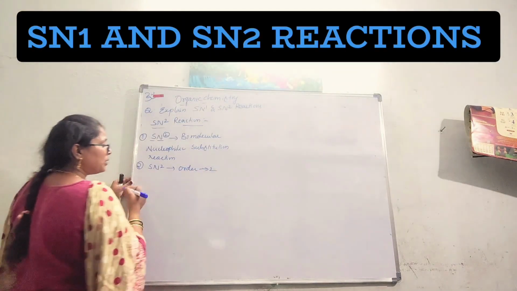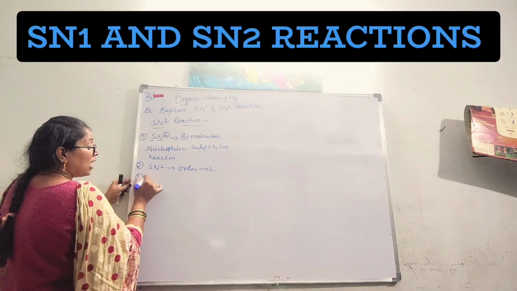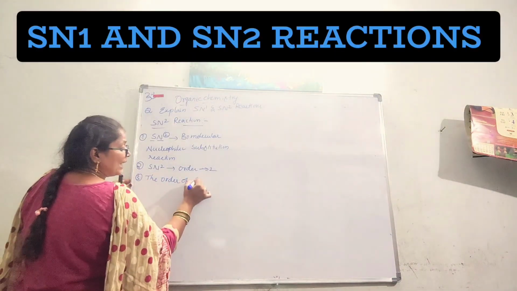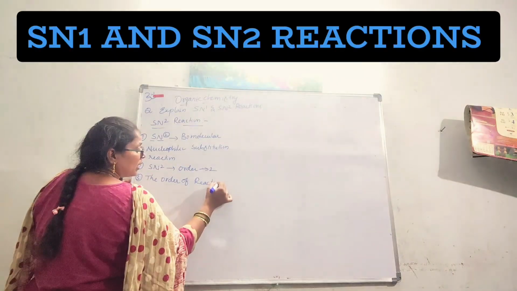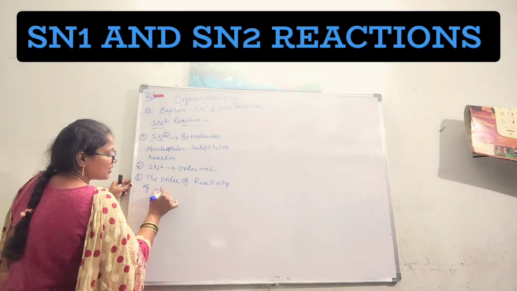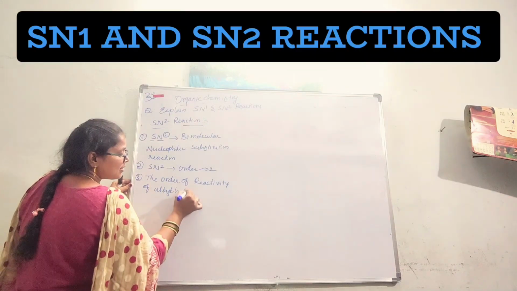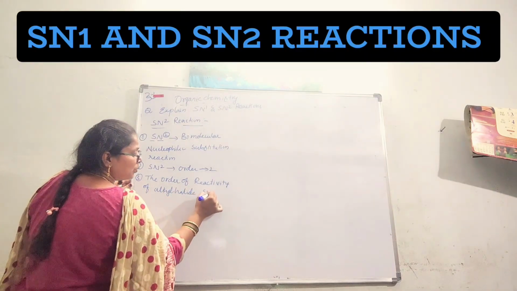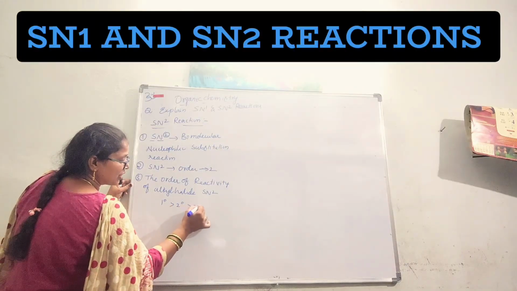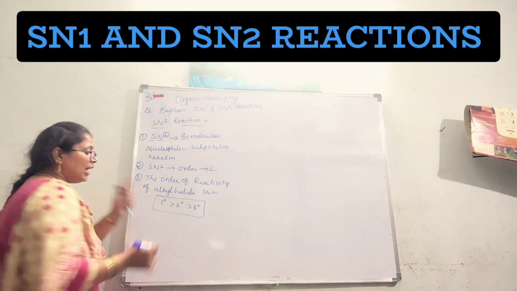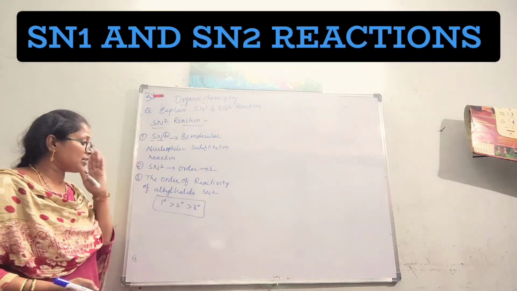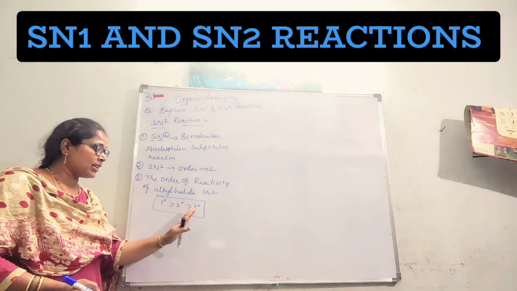The order of reactivity of alkyl halides in SN2 is primary is greater than secondary, which is greater than tertiary. Whereas in the case of SN1, tertiary is greater than secondary, which is greater than primary. But in the case of SN2 reactions, primary is greater than secondary, which is greater than tertiary.